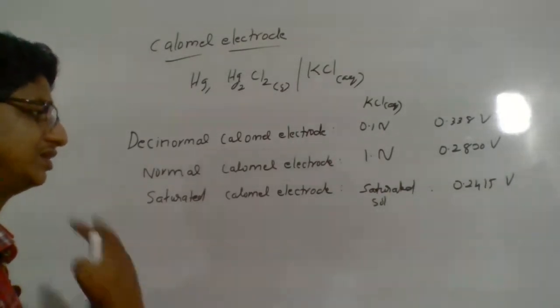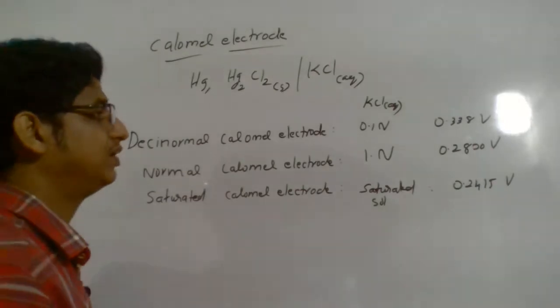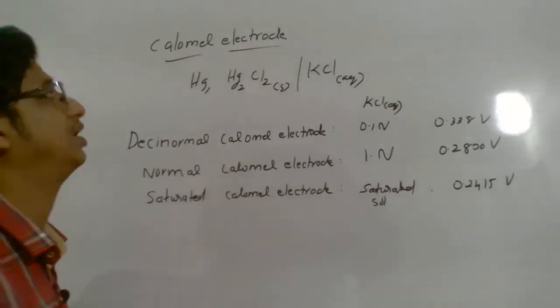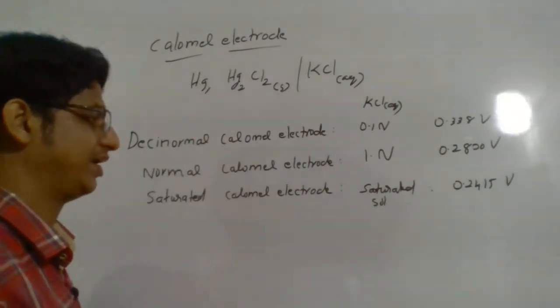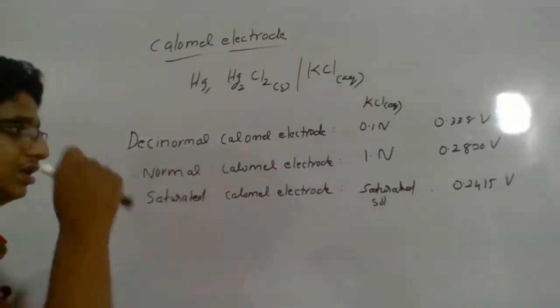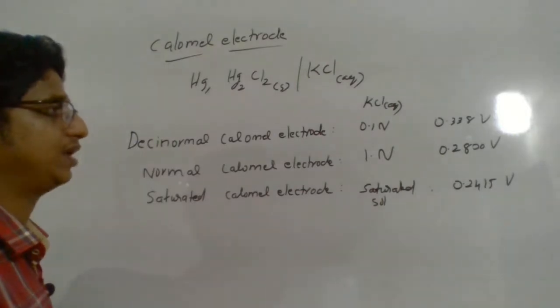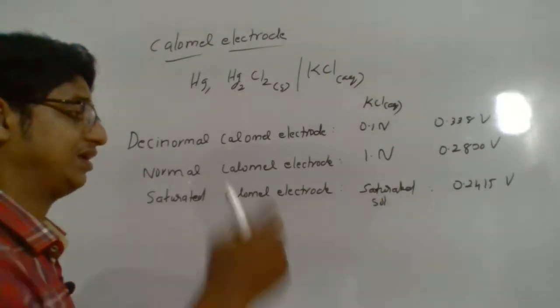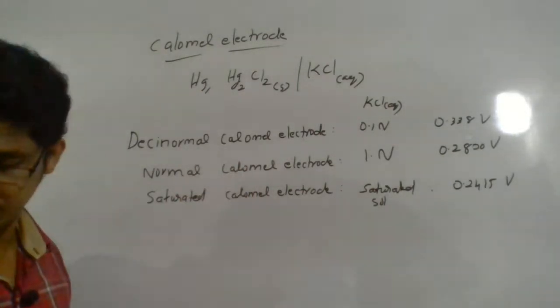Let us discuss how the calomel electrode looks like, the diagram. Keep in mind that in the calomel electrode, the electrode potential has different values depending on the concentration of the electrolyte.